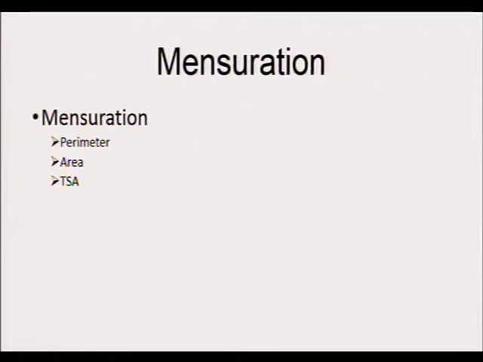Mensuration. This topic covers perimeter, area and total surface area of solids, shapes, and any other. So you should be able to find the perimeter of a shape, for example, let me say a parallelogram.